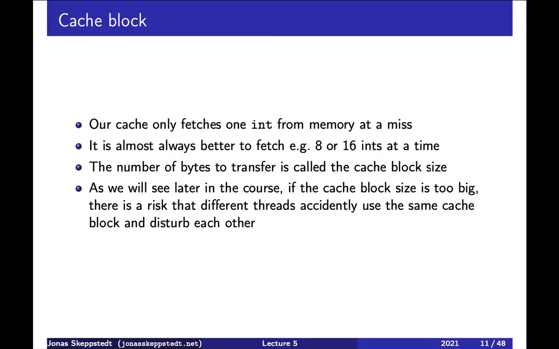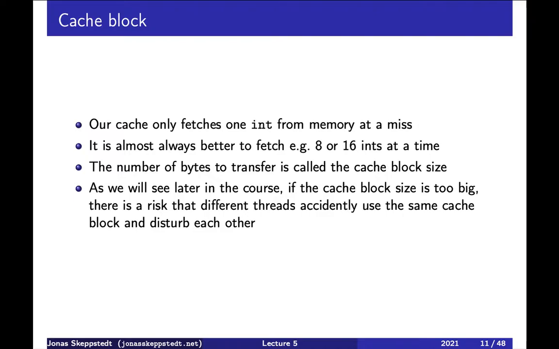So what we have seen so far is how a simple cache memory works. But we need to look at one more thing, namely something called the cache block. That is relevant in particular for multiprocessors and multi-core programming. So our cache only fetches one int from memory, or 4 bytes for instance, at the miss. And it would be much better, almost always, to fetch, for instance, 8 or 16 ints at a time.